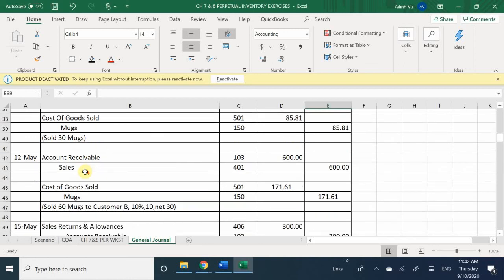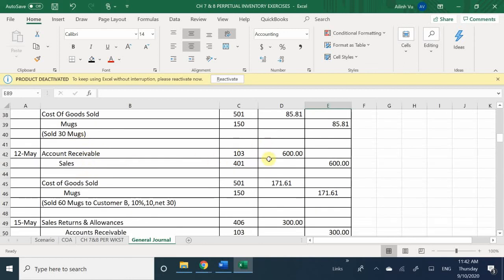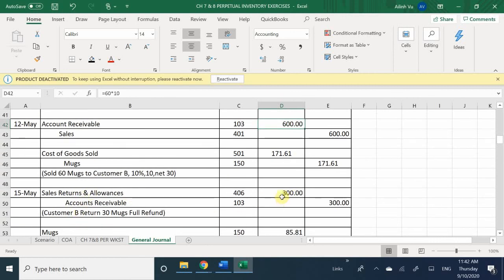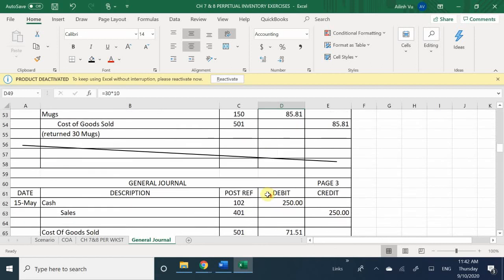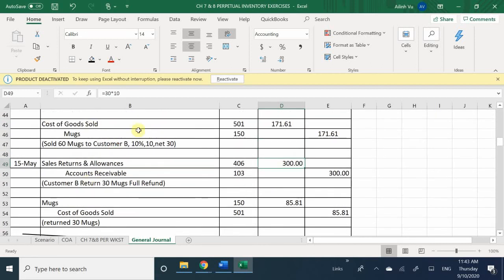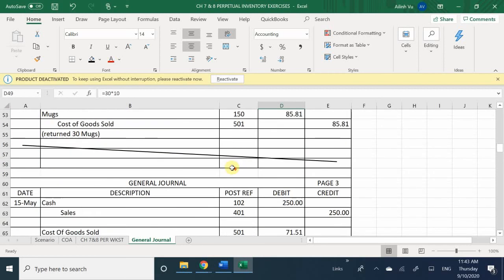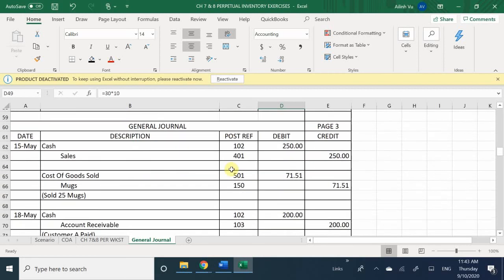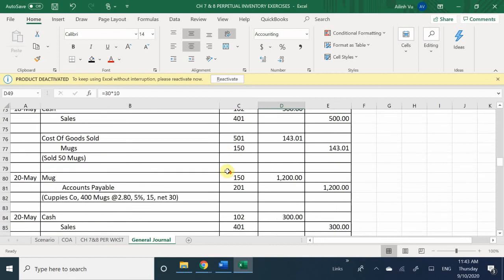So here's accounts receivable, 5/12, right? We started off with 600. They returned to us half of it, so they owe us currently $300. Okay? But because they returned half of the items, they originally purchased 60, they returned 30, so that means they only have 30 items left in their possession.